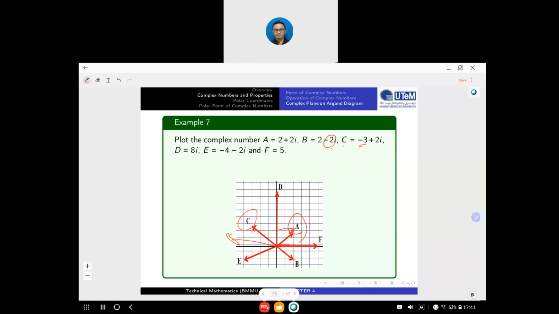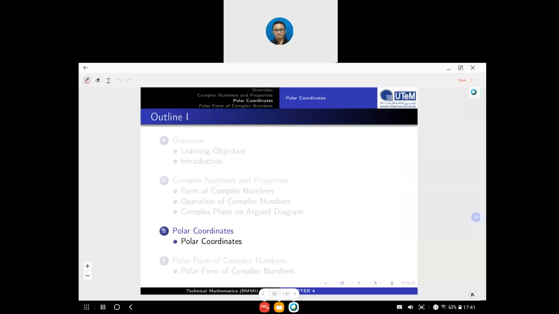So from here, we can get 2 minus 2I plus I minus negative 1. Okay, so minus negative 1, you can get plus 1. 2 plus 1, you can get 3. Negative 2I plus I, you can get negative I. So this is the final answer. Okay? Boleh?